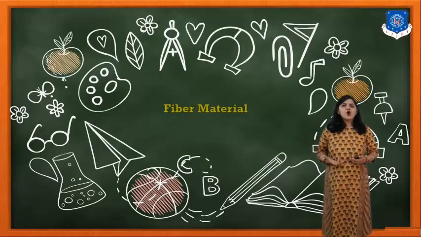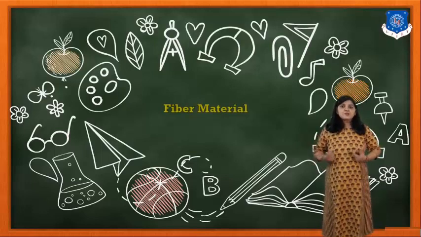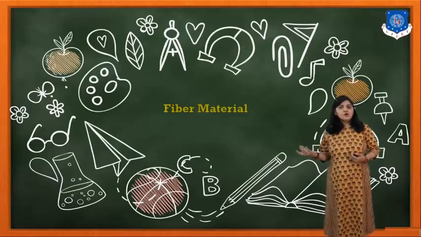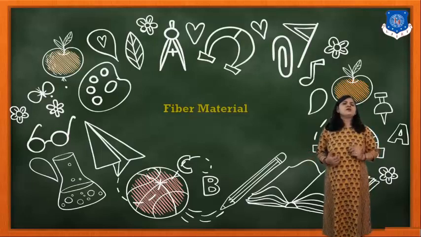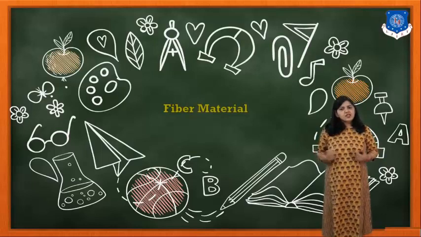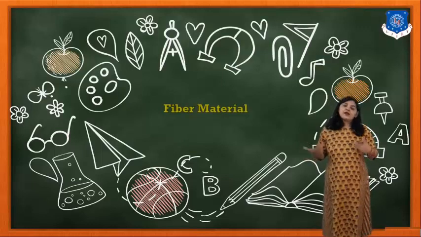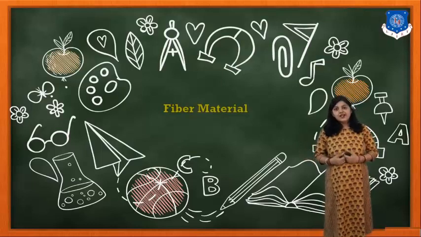It's very small in diameter, and the question that comes to our mind is about the two types of fiber, single mode fiber and multi-mode fiber. There is a very small radius of the core as well as the cladding. The refractive index of the core is slightly higher than the refractive index of the cladding.